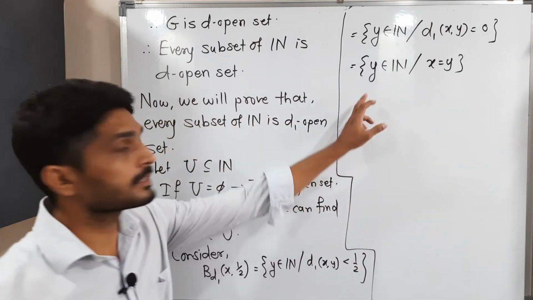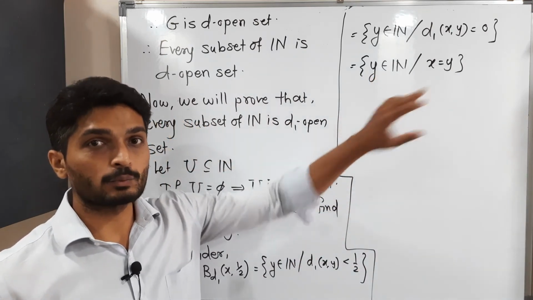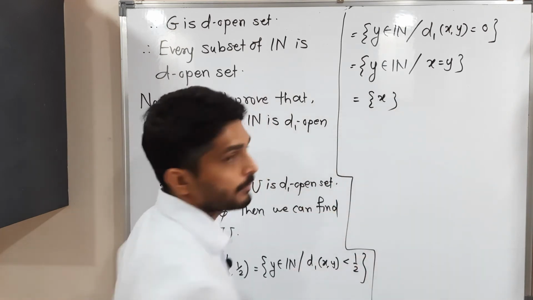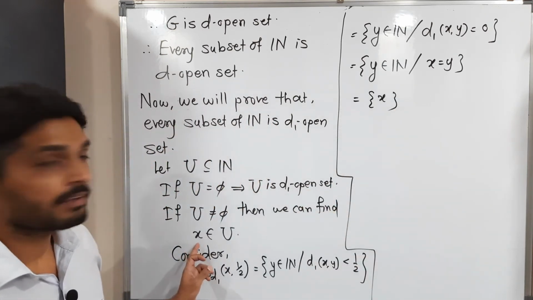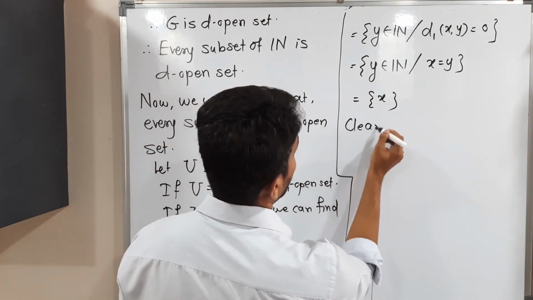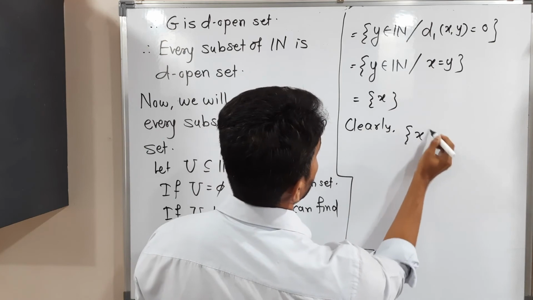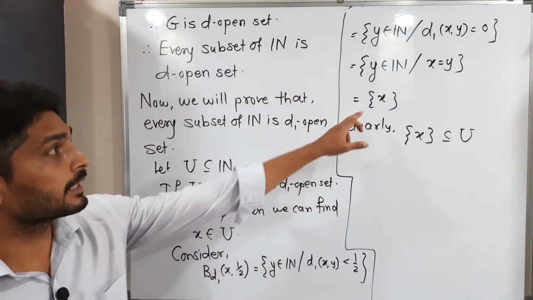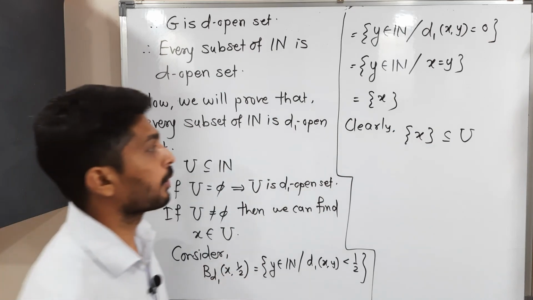So here we consider all points y which are equal to x. That means there is only one point, singleton x. But that point we have taken from U, so x is in U. So clearly I can write singleton x is a subset of U, since x lies in U and singleton x is nothing but this open ball.